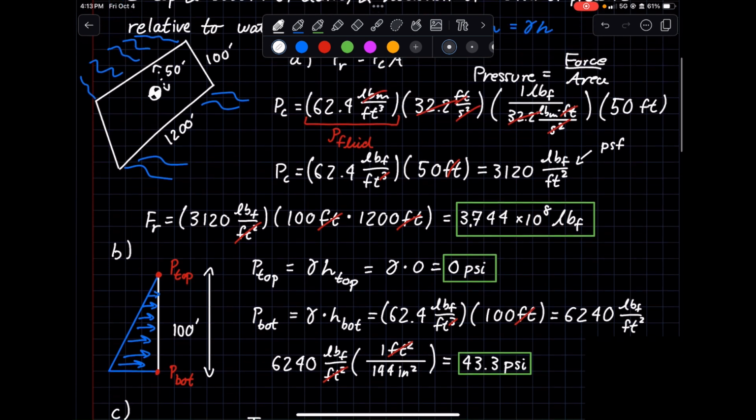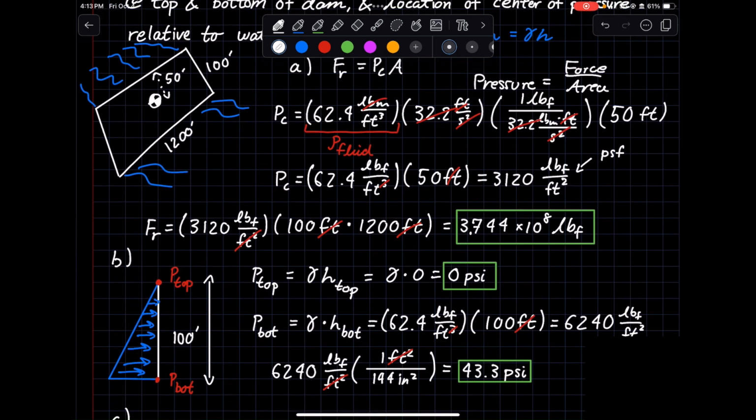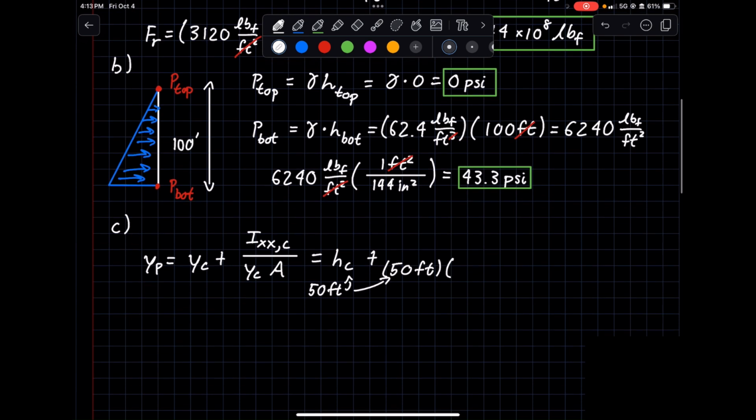I'm just going to fill that in because it's just the standard cross-sectional area, so that's our 100 times our 1200. So 100 feet times 1200 feet. All that over I sub xx comma c.